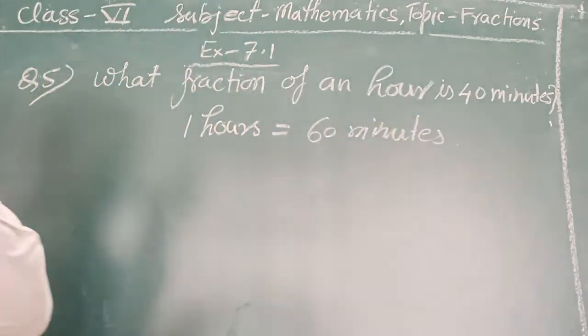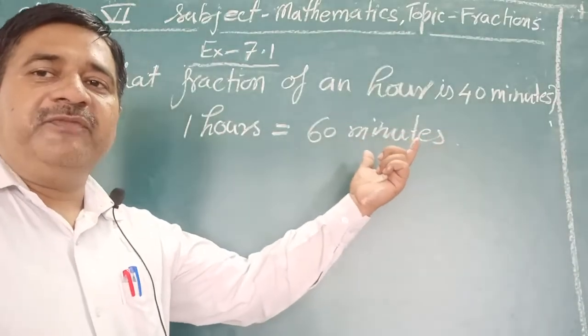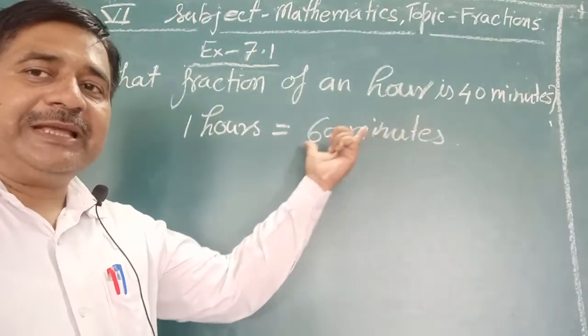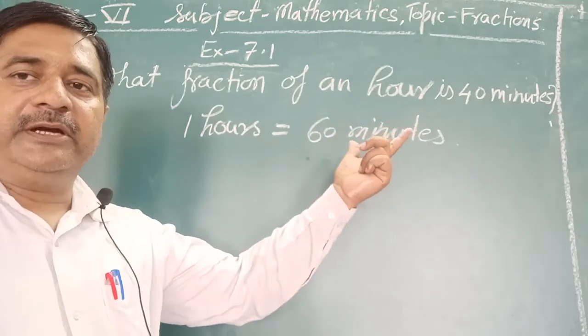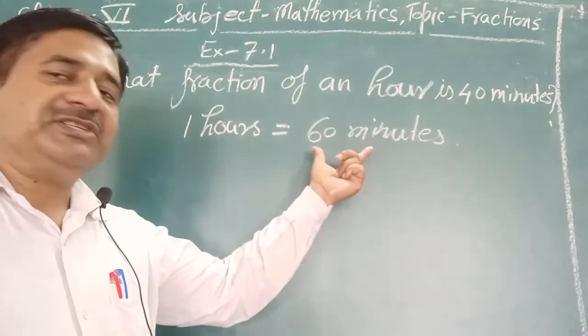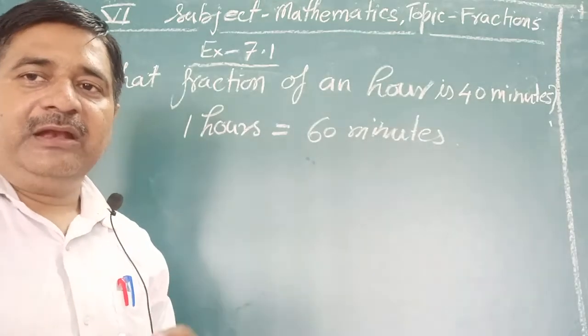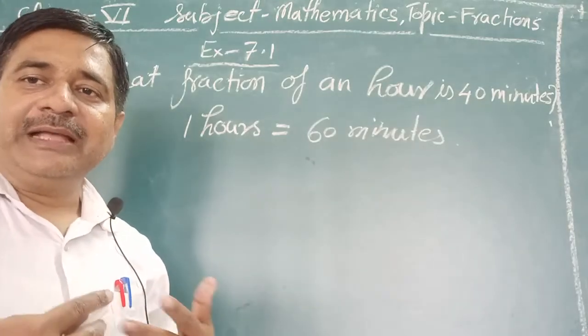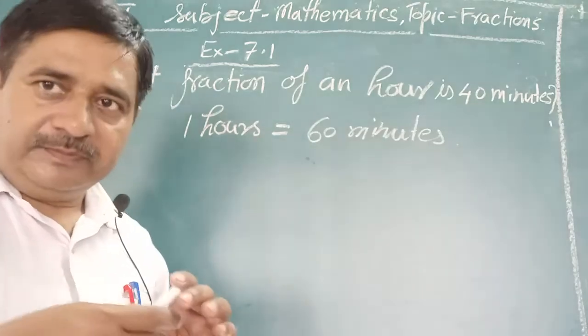So what fraction of an hour is 40 minutes? First you write 40 minutes in the numerator and 60 minutes in the denominator, and then you cancel it.